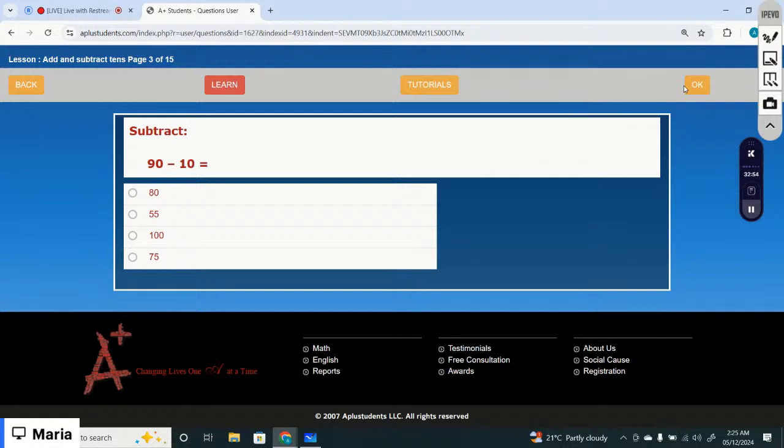Ninety minus 10, which is the correct option? 90 minus 10 is 80. Option number 1 is the correct option.